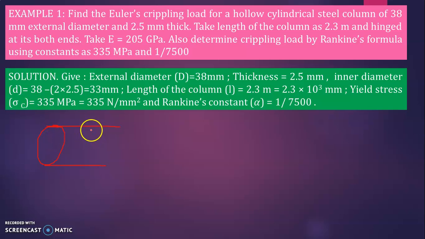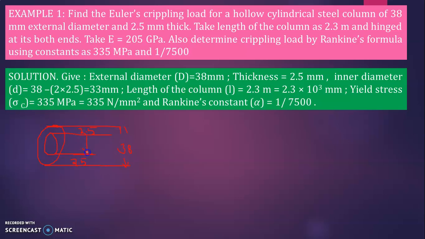Capital D is given, that is equal to 38, and thickness is given, that is 2.5. So this is 2.5, and this is also 2.5. Here the thickness on both sides is 2.5.